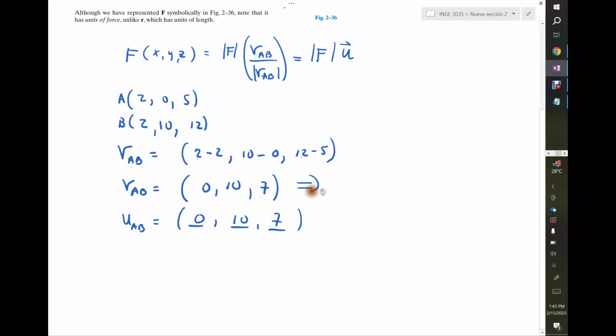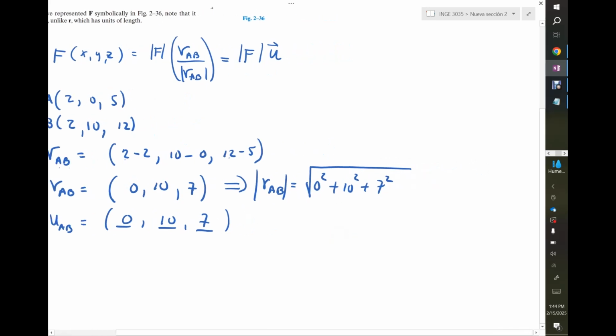We're going to get the magnitude of AB, which in this case will be the square root of 0 squared plus 10 squared plus 7 squared, and then we have 0 squared is 0 plus 100 plus 49.